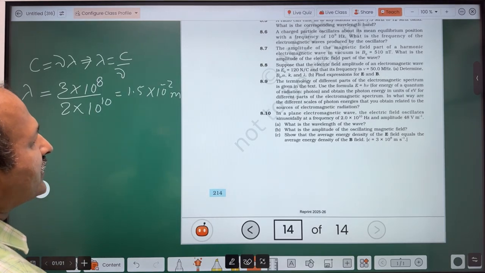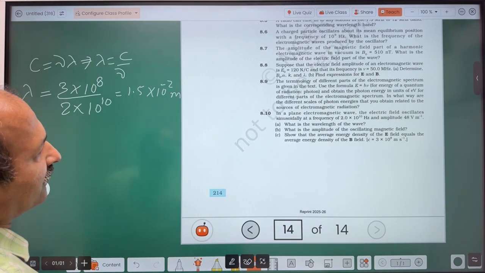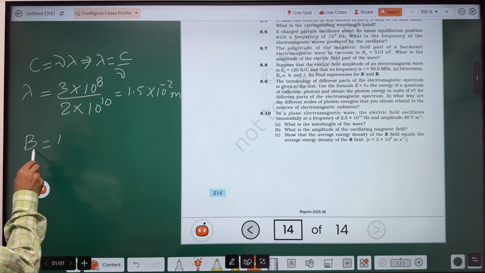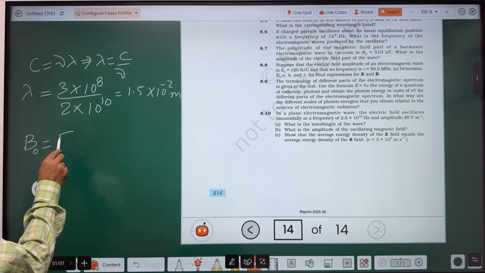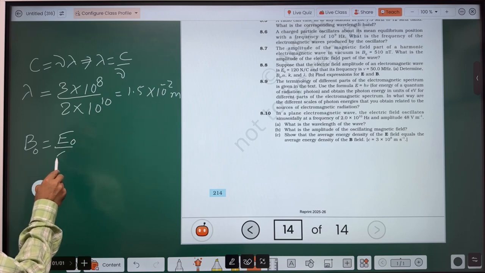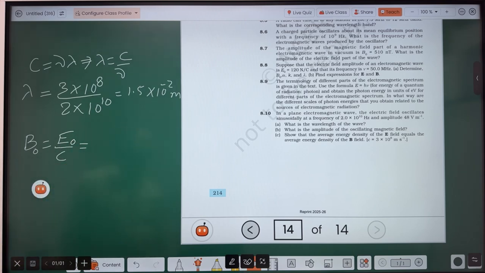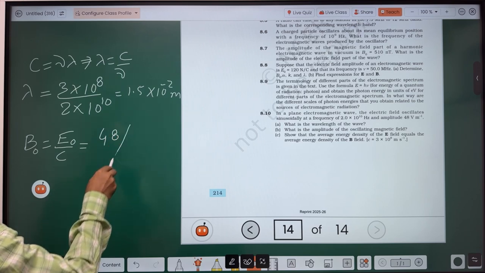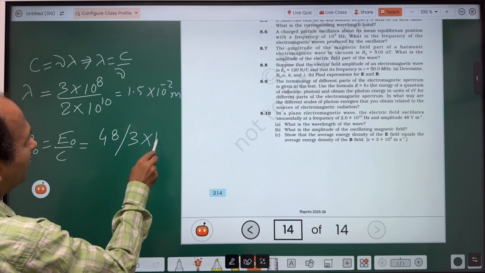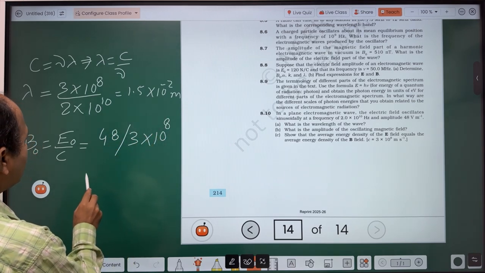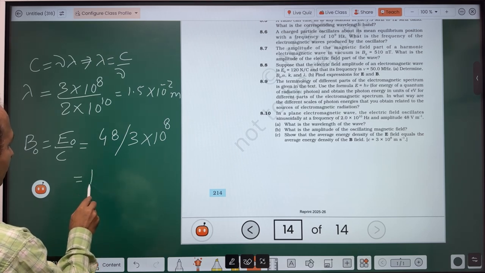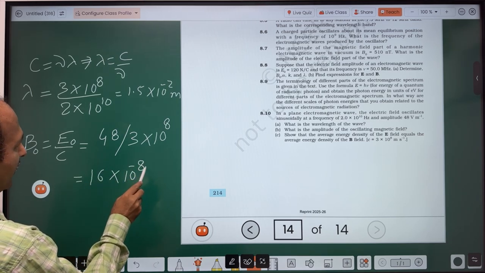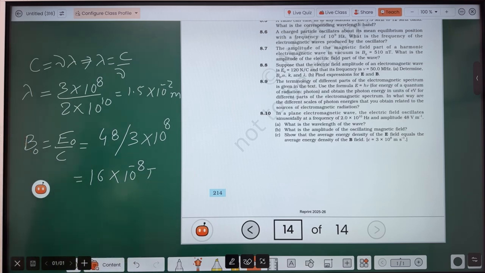Correct? Then what is the amplitude of the oscillating magnetic field? Suppose it is B0, so it will be E0 divided by C, and the value of E0 is given as 48 divided by 3 into 10 to the power 8. This will become 16 into 10 to the power minus 8 Tesla.